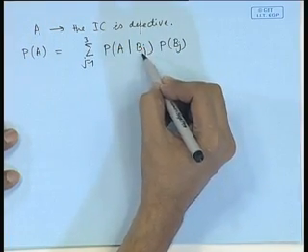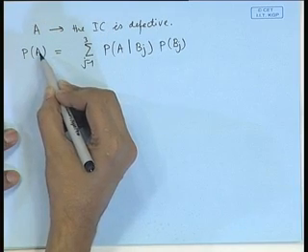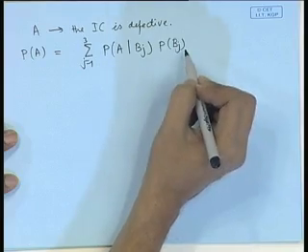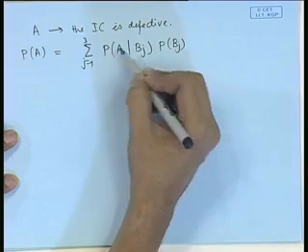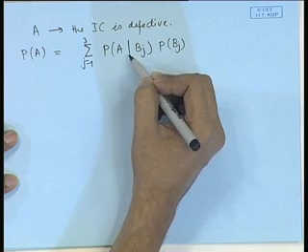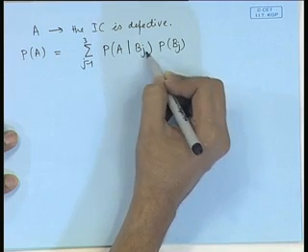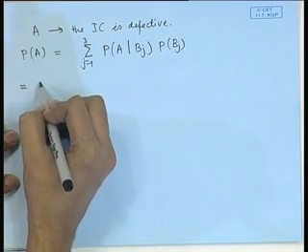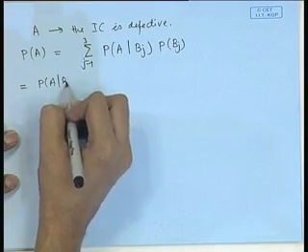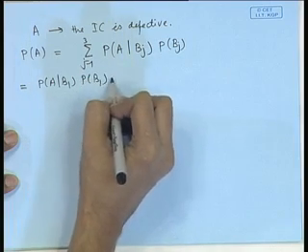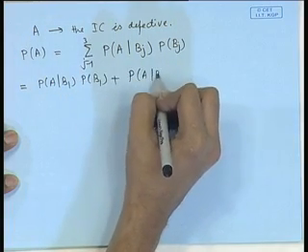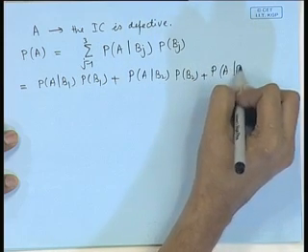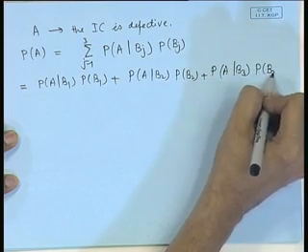That means, since the IC could have come from either first supplier or from second supplier or from the third supplier, the probability that it is defective is also dependent upon who supplied that. So, this becomes probability of A given B1 into probability of B1 plus probability of A given B2 into probability of B2 plus probability of A given B3 into probability of B3.